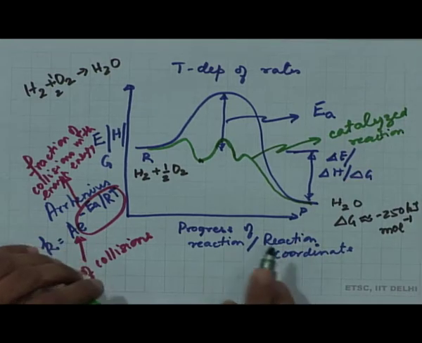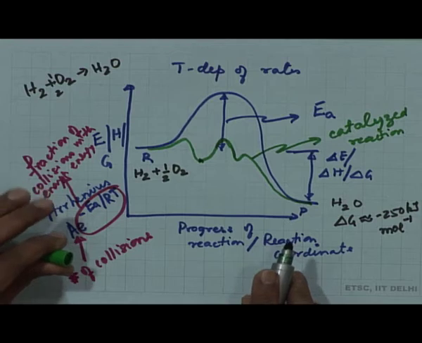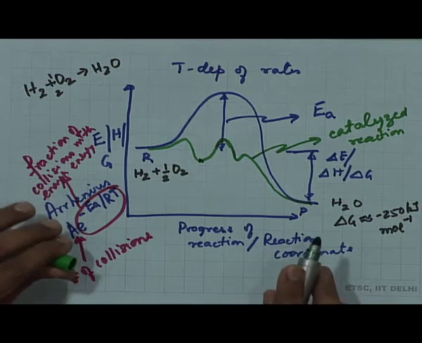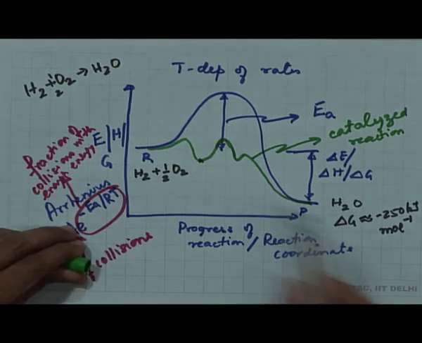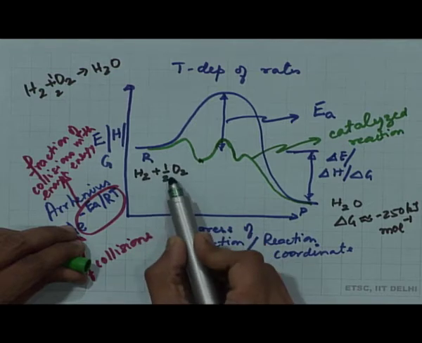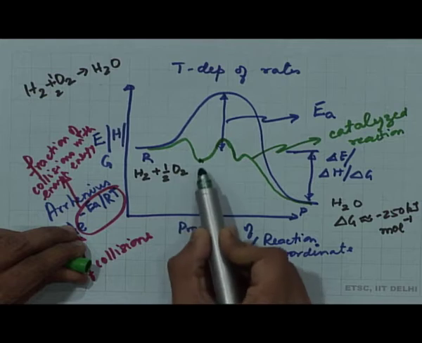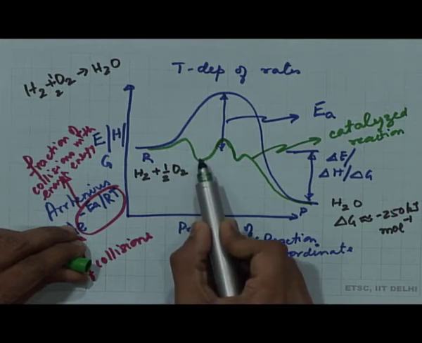This picture looks a little bit different from the picture that is there in the book, but I will explain that in a moment. So, H2 and O2 in the presence of a catalyst will get adsorbed on the surface of the catalyst, as a result of which the energy goes down. That is this point here.